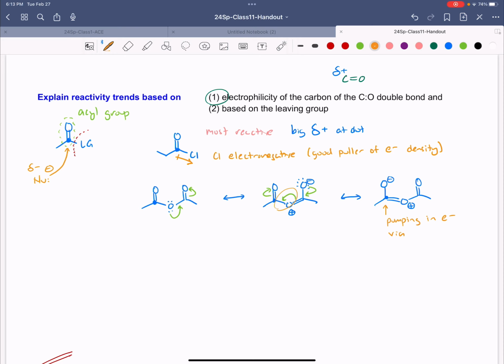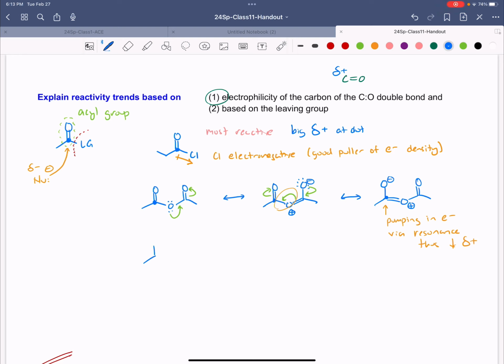Very subtle, but up here it's more of an electronegative effect, pulling electrons away. Here we're pushing electrons into the carbon via resonance, and that decreases the partial positive. So it's less partial positive than the situation we have here. Let's see what happens with an ester.